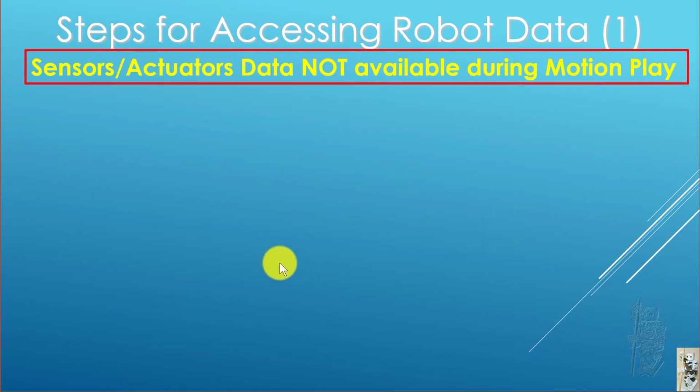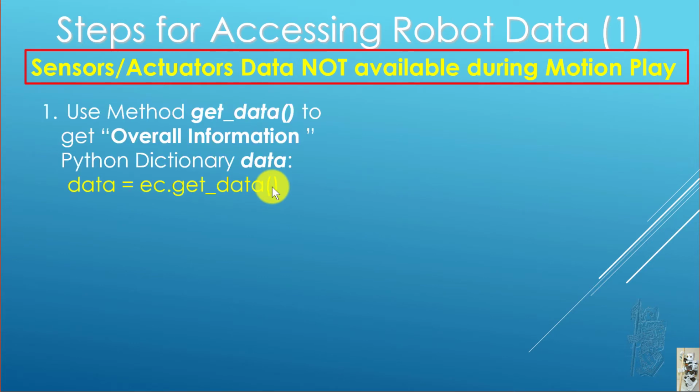Accessing data. Accessing data is not available during any motion play, so you need to keep that in mind. There are several steps here also. First, you use a method called getData. This getData can provide you a very big Python dictionary. It has overall information in there.